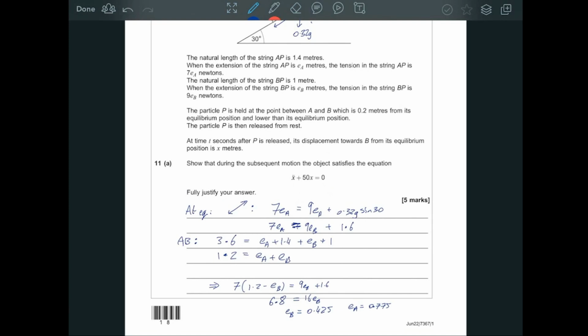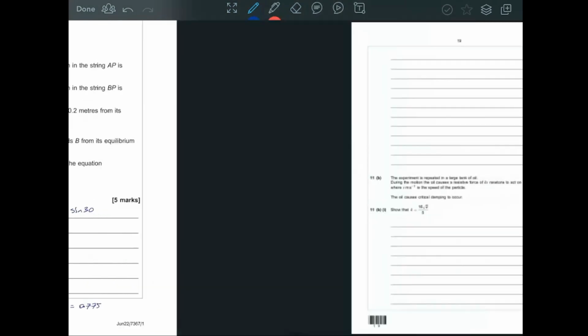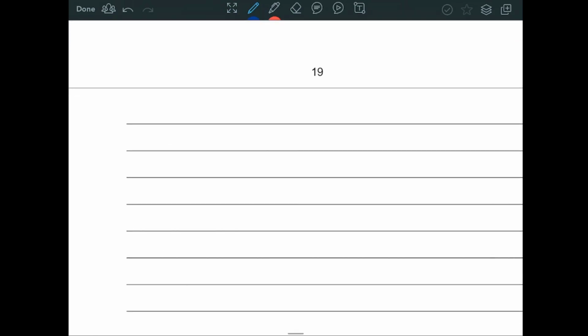And now the important thing is we are displaced from that position. So I need to now draw myself a new picture with that displacement in effect. So here's my point A, here's my point B. We are starting below, so this can be my equilibrium position. My object is here.